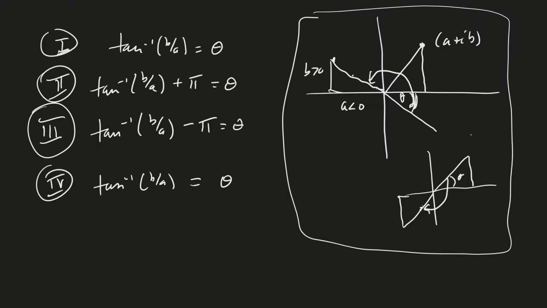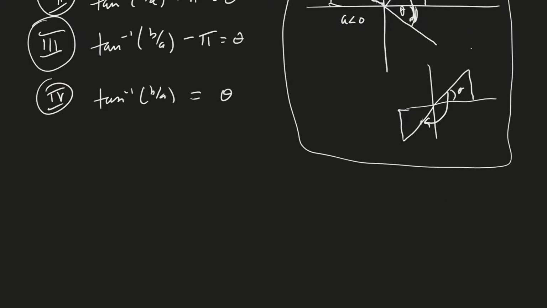All right. Should we try an example maybe? Find r and theta for the following complex numbers. How about z equals minus 3?